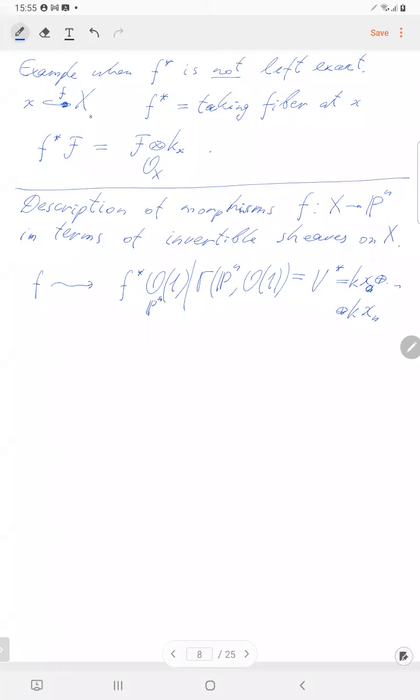These are just standard coordinates. They form a basis of the global sections, and our line bundle is globally generated.